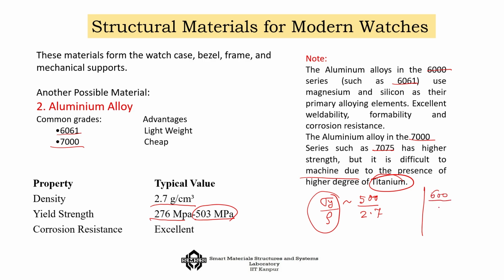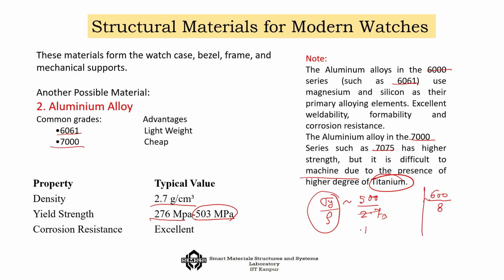However, you have the density as say 7.5 onwards. I am just keeping it approximately 600 by 8, okay, and let us say this is approximately 3.